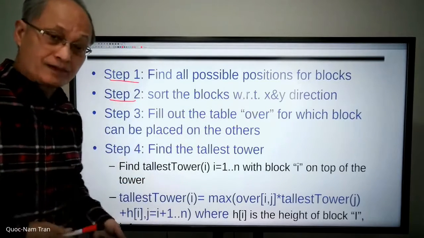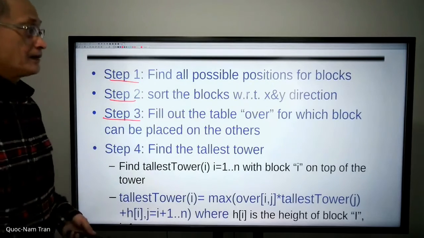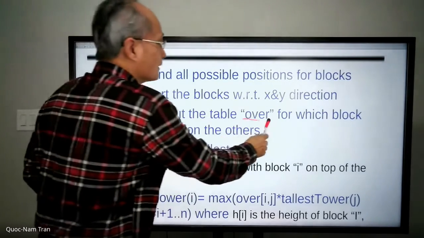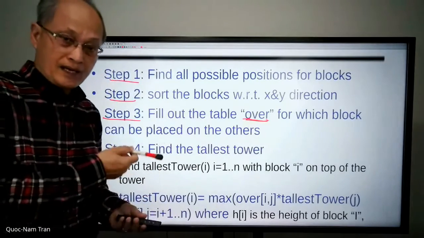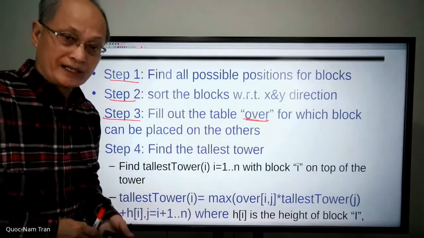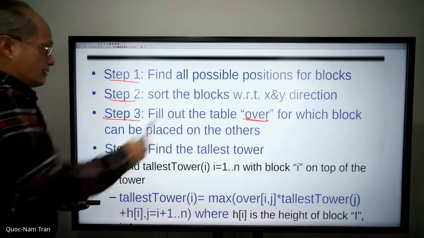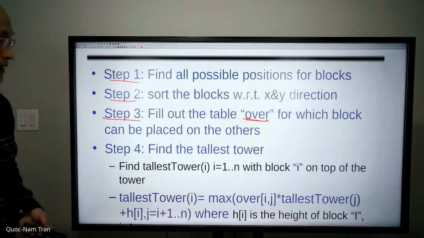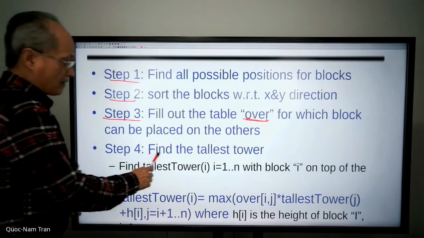We did it for example number 1. Step 3, fill out the table over, meaning we want to know if a block I can be placed over block J. So this one we have the table over, right? And now find the tallest tower.